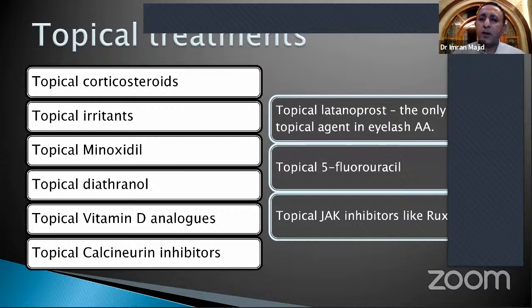Then we have topical latanoprost or bimatoprost, and the importance of this is that it's the only topical agent that we can use in eyelash alopecia areata because it is safer for that area. Then we have topical 5-FU, and recently topical JAK inhibitors like ruxolitinib are also used in alopecia areata.